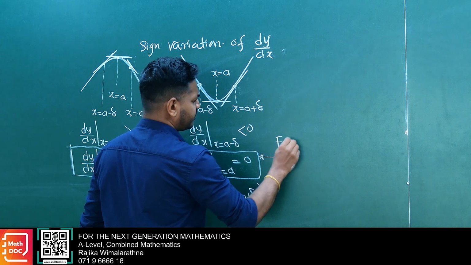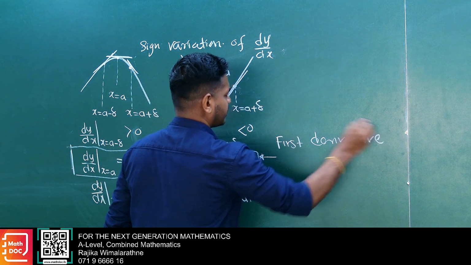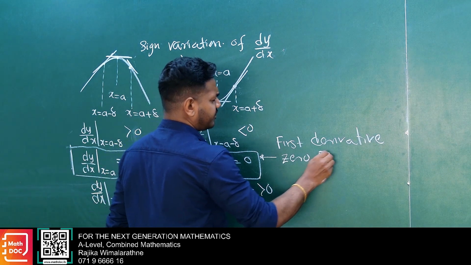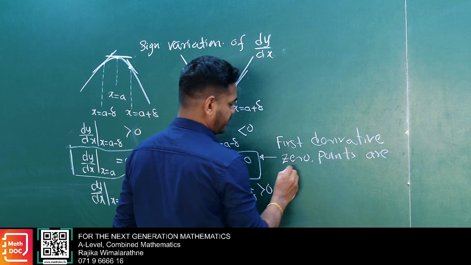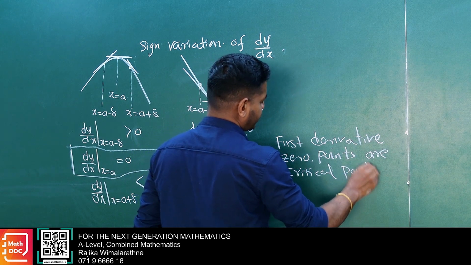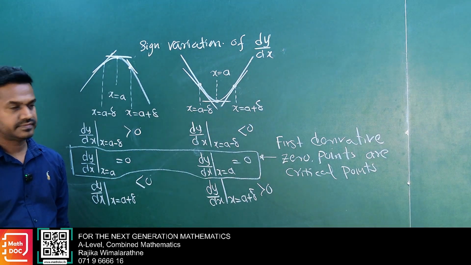First derivative zero points are critical point. First derivative 0 points are critical point.